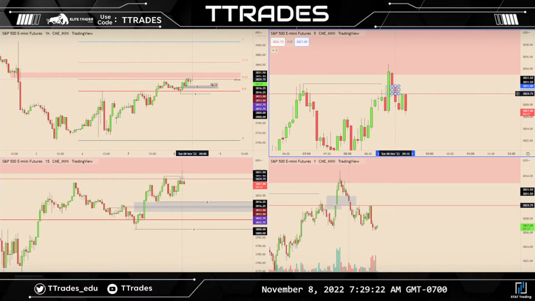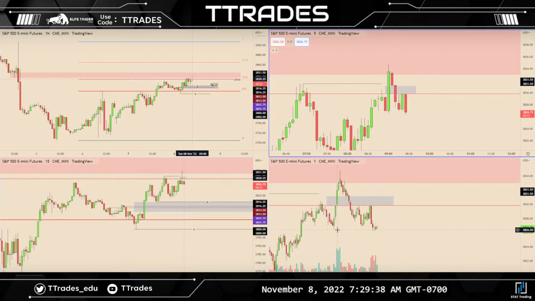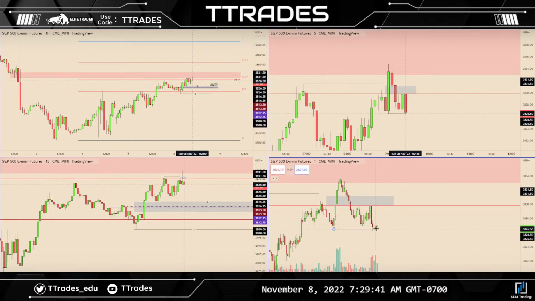So you take whichever one is smaller, which is this one, extend it out. That is your BPR. Aggressive up, aggressive down. And that's why I wanted this to take out this previous high, reach right into that before dropping. But you can see we're dropping now, but it might be setting up this internal liquidity for open, which is why I wanted that little move down, up, back down.